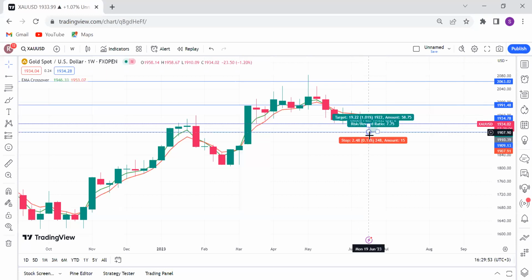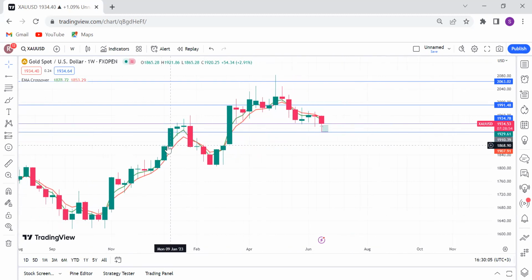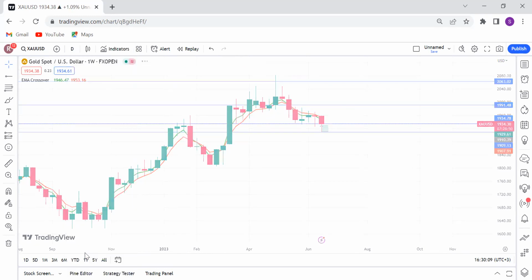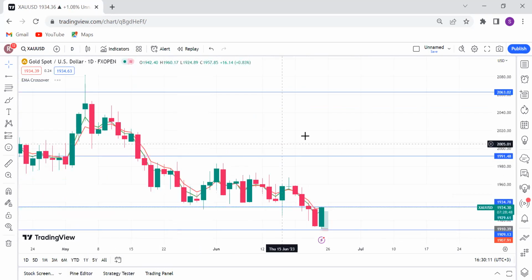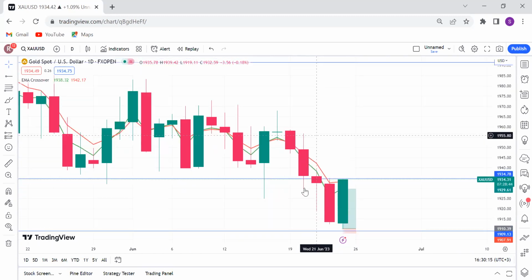So as it came back to hit that zone, it began a reversal. It was on a downtrend, and began reversing to an uptrend. So let's go back to a daily time frame. On the daily time frame, you can see that zone.